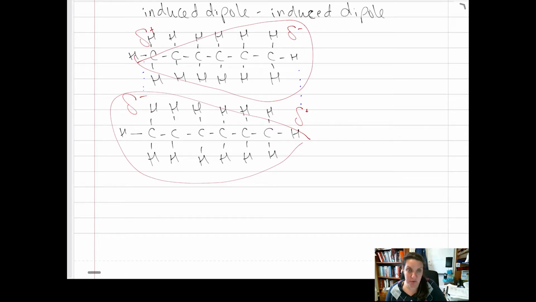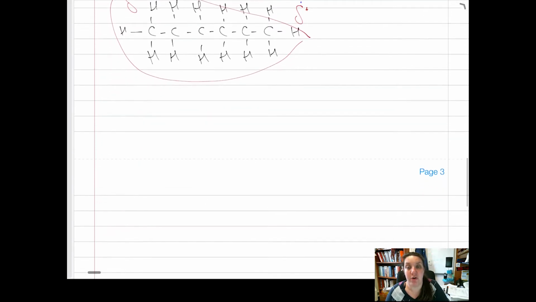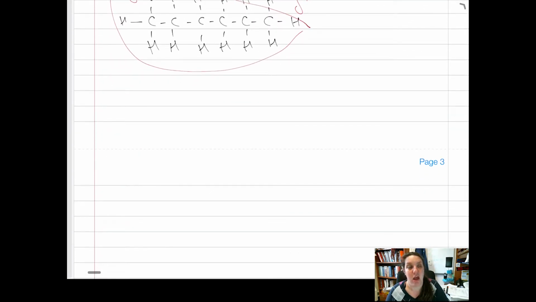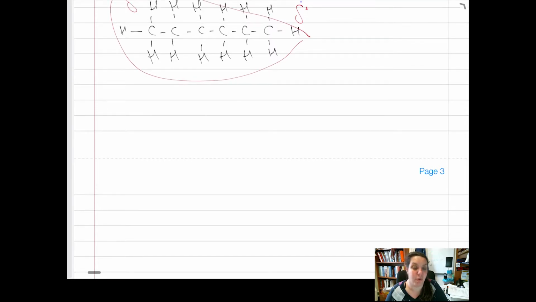The more surface area, so the longer a chain versus a bulky molecule, the greater the boiling points, the greater our different properties, like I said, surface tension or capillary forces. All these types of things are going to be affected by the magnitude of the intermolecular forces.